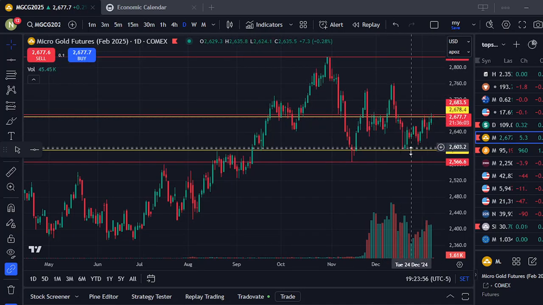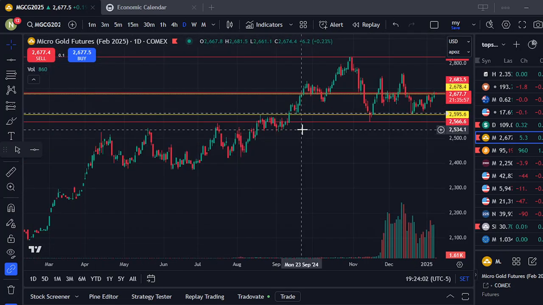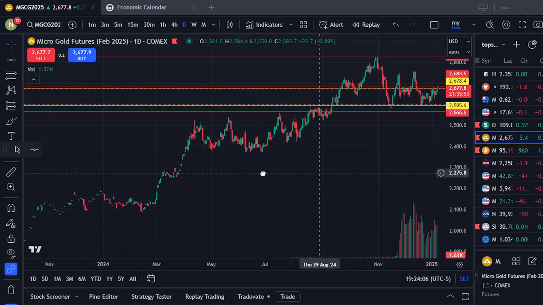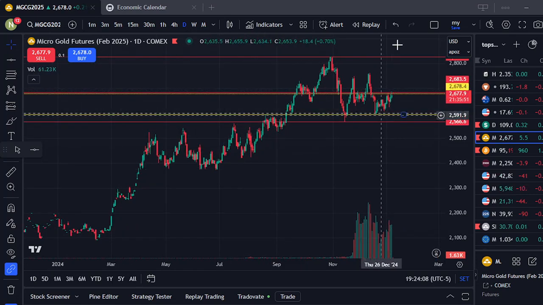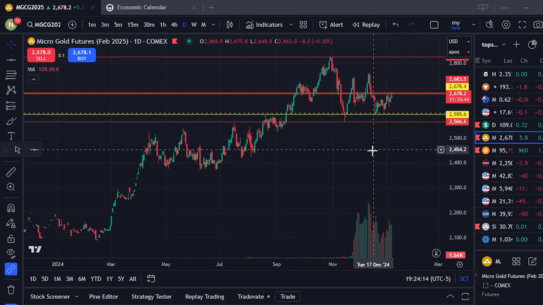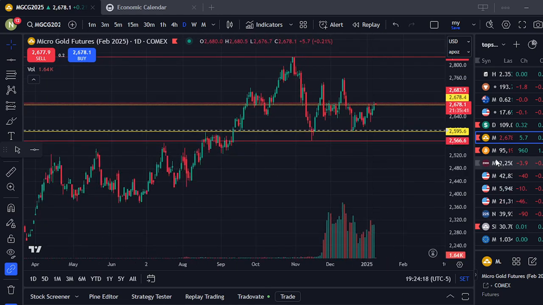We test the lows of the range, we test the highs. Based off of the monstrosity of the move that we see on gold, I'm still thinking this could continue pushing up, with the volatility and the global tensions happening. My outlook on gold is sort of bullish.